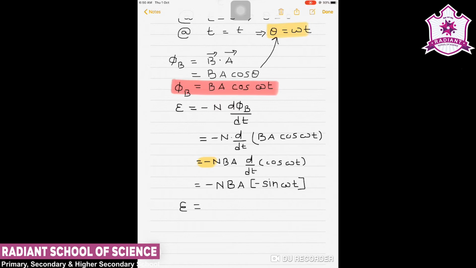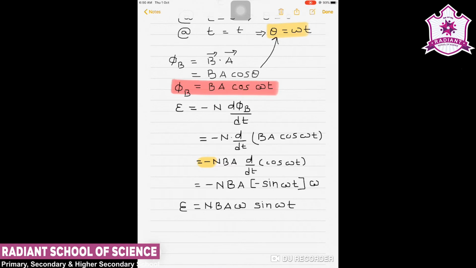and the induced EMF will be represented by n, and here also that sin omega t would be there, and the differentiation of omega t with respect to t would be omega. So here we will have the term nBA omega and sin omega t.